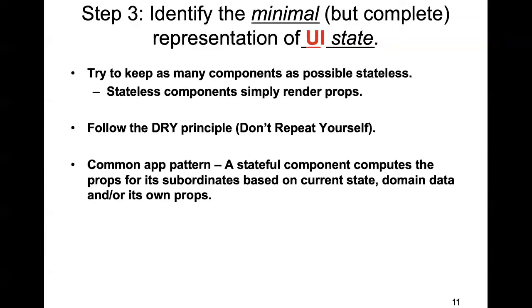So state is something we want to keep to a minimum. The more state that you have, the more complicated your application is in terms of managing that state and understanding the runtime behavior of your whole UI. So we want to keep state as minimal as possible, but still sufficient to completely represent the UI's state aspects.